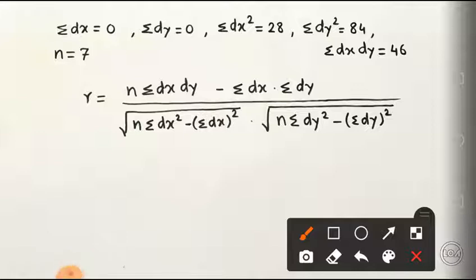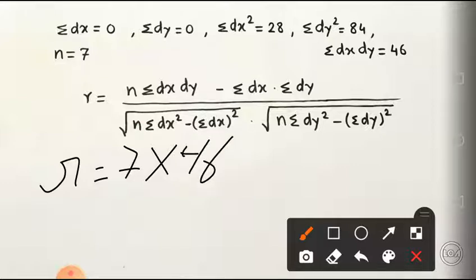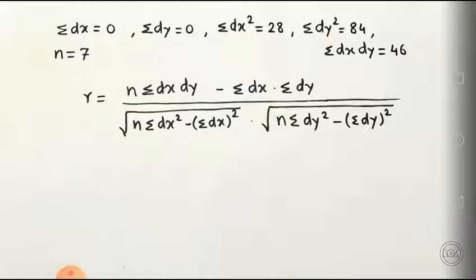The value of n is 7, so we'll write r is equal to 7 into sigma dx dy, which is 46, minus sigma dx into sigma dy, which is 0 into 0, upon under root of n, that means 7 into sigma dx square, which is 28, minus sigma dx whole square, 0 whole square, into under root of 7 into sigma dy square, which is 84, 7 into 84 minus 0 whole square.